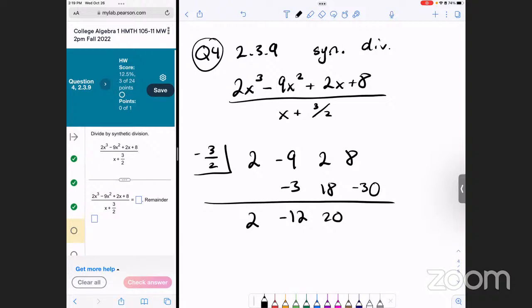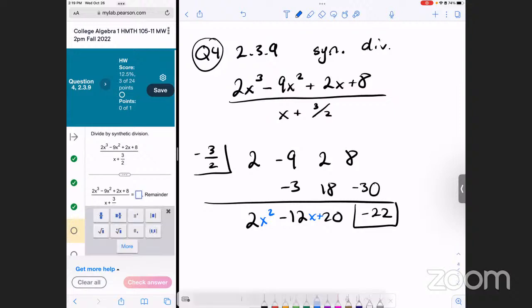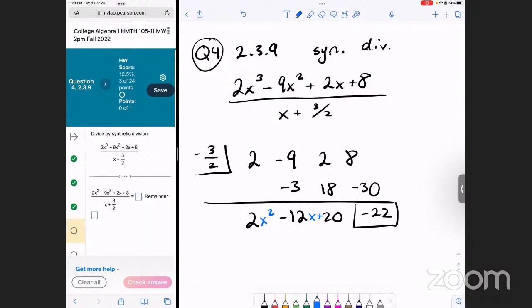-22. Okay. Since we started with a degree 3, this depressed equation is now a degree 2. Submit that. Close this out.